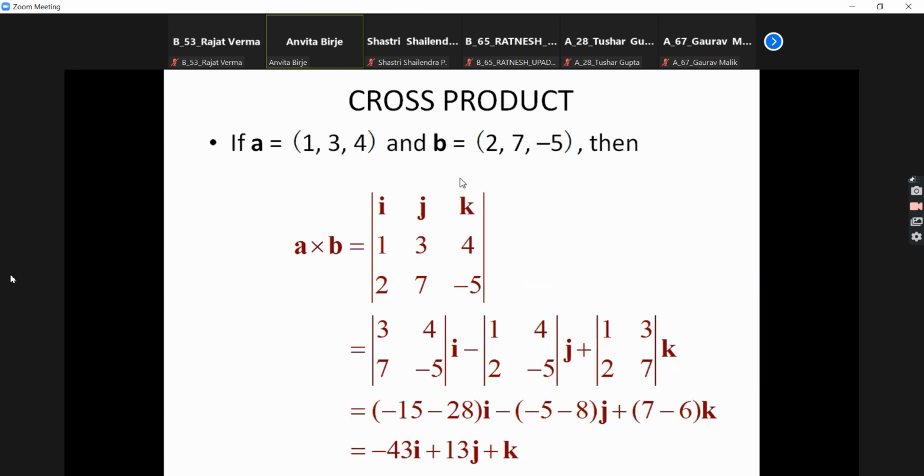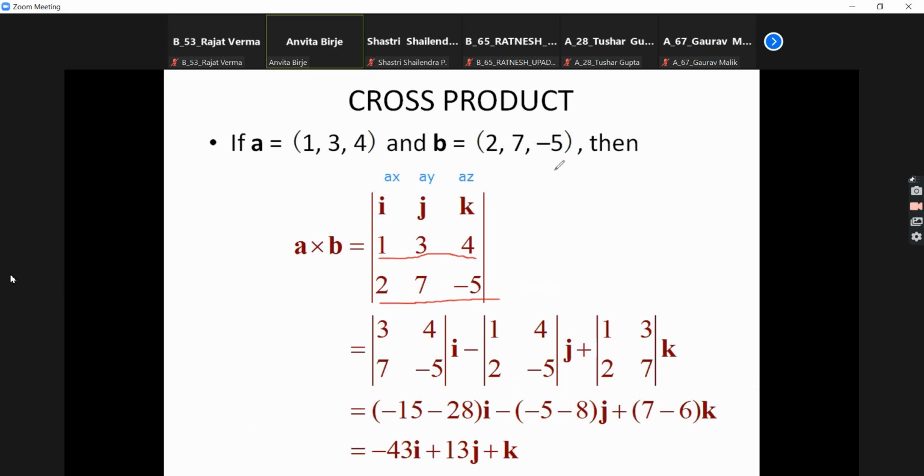Here you write i, j, k, so maybe you can write down A bar x, then A bar y, and here A bar z. Okay, 1, 3, and -4 are the coefficients of the A vector, and 2, 7, -5 are the coefficients of B.